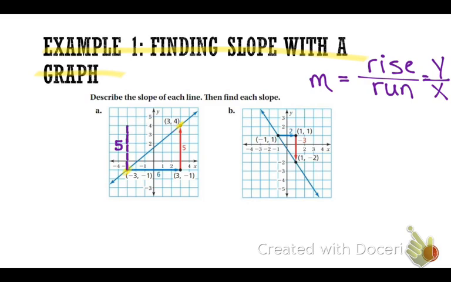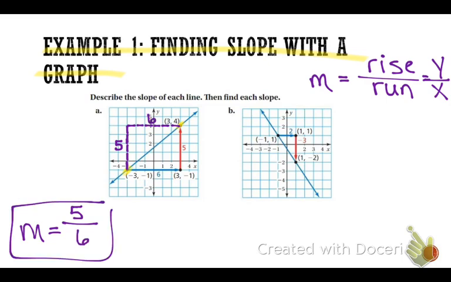So I rose 5, so M equals 5 over, and now I count my run. 1, 2, 3, 4, 5, 6. My run is 6 units, so my slope is 5 over 6. That's what the book shows you the opposite way. My complaint here is that they do run and then rise, and I feel like that's confusing because it's supposed to be rise over run. So I always count my rise first.